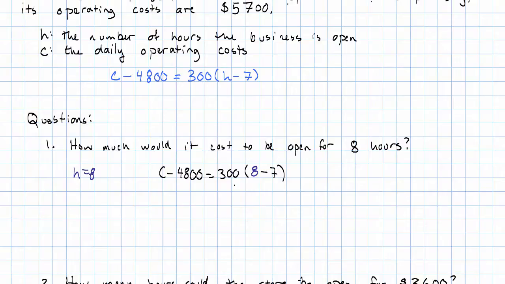Do the arithmetic on the right hand side. C minus 4,800 equals 300 times, 8 minus 7 is 1. 300 times 1 is just 300. Add 4,800 to both sides.